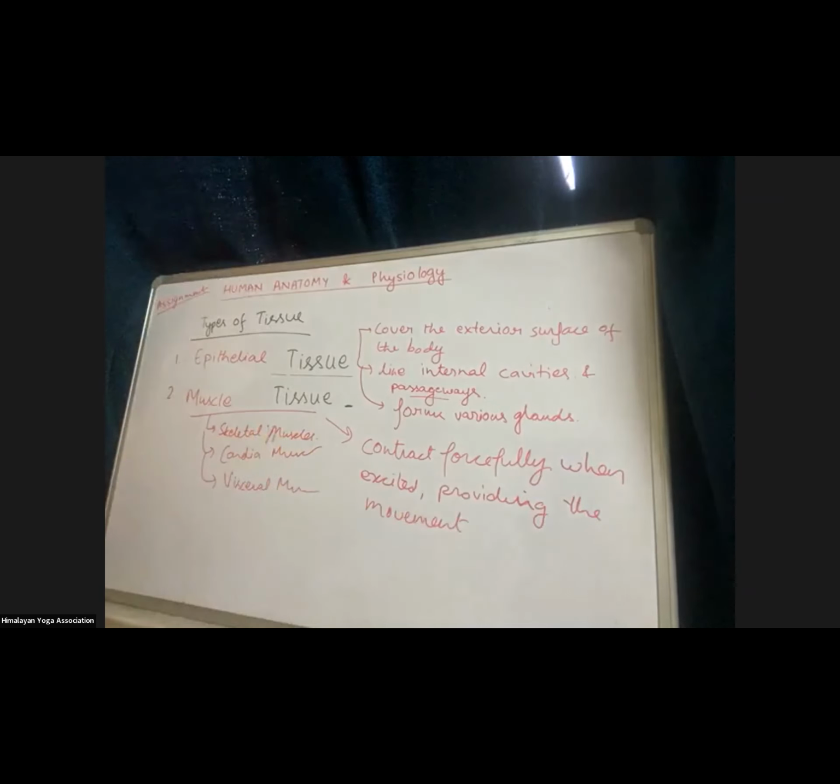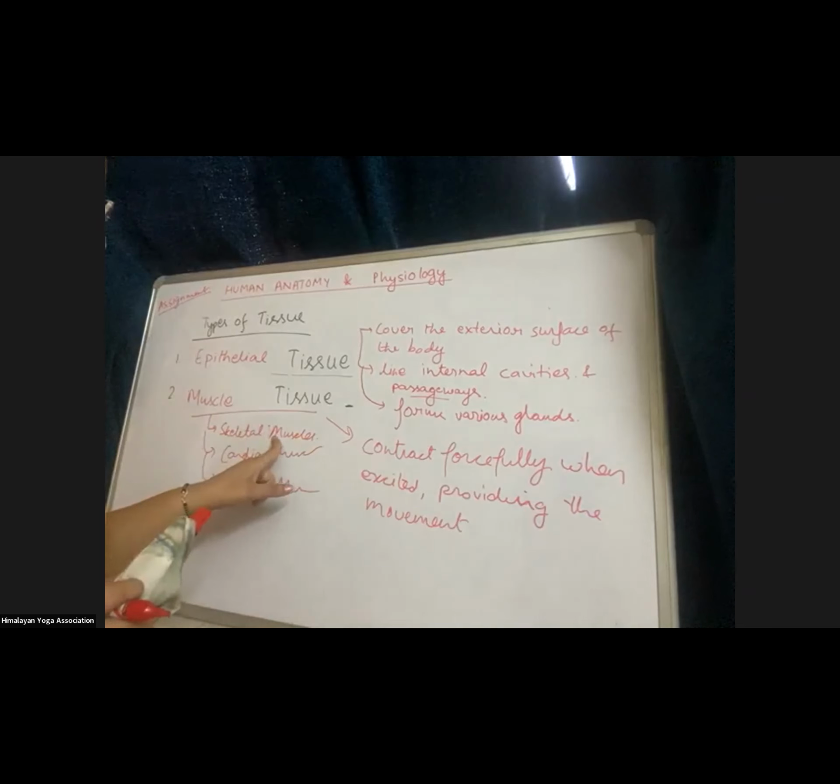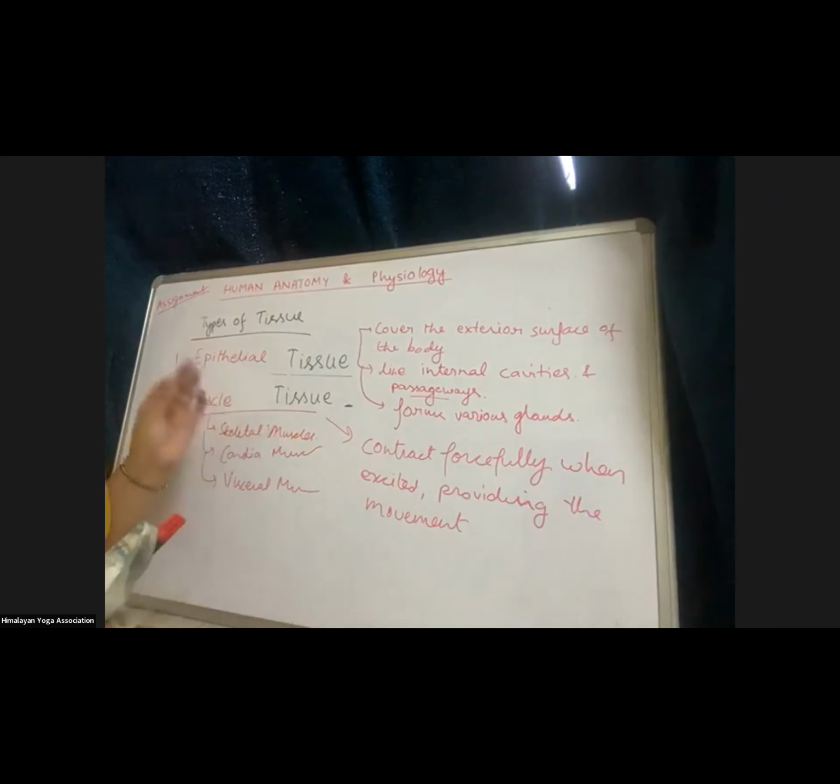So basically, all our bones are covered with muscles, the skeletal muscles. And there is movement going on in the heart also. It is pumping all the time, so it has cardiac muscles. Then all the organs are also doing some kind of pumping.